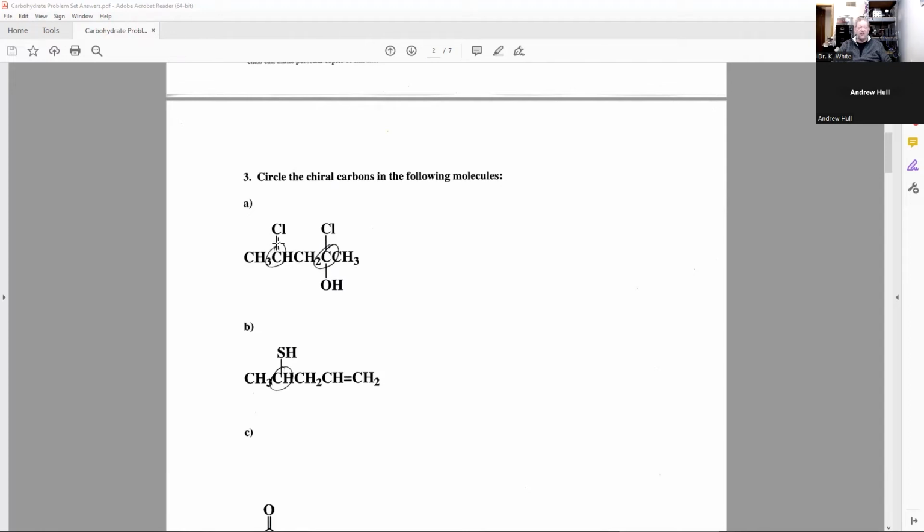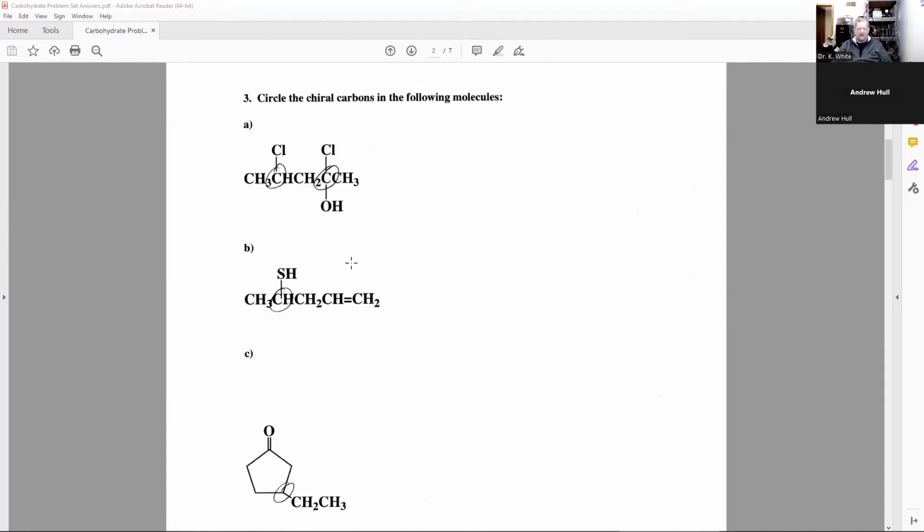Now, this one has a chlorine, hydrogen, methyl, and these three carbons with the chlorine hydroxyl. So it's chiral. This carbon has chlorine, hydroxyl group, methyl, three carbons with a chlorine, four different groups on it, or atoms, or combination of which this is. So that would be circle chiral.